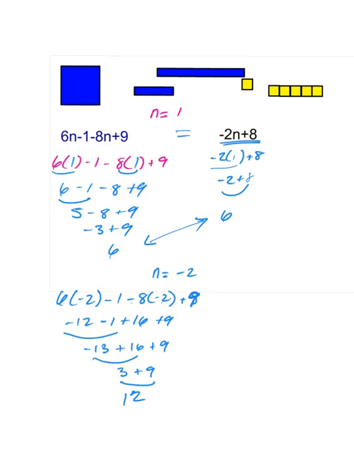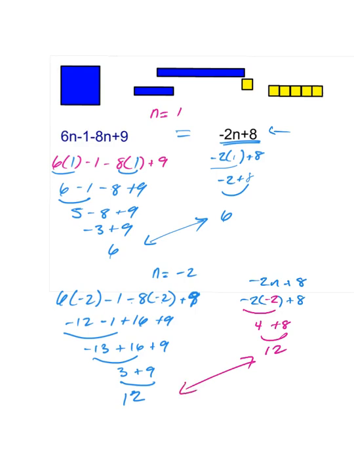Okay, and then if I go back to our original equation up here, we had negative 2n plus 8. So if we're going to substitute in, we have negative 2 times n plus 8, and we said that n is negative 2. Negative 2 times negative 2 is 4, plus 8 is 12, and they're equal still.